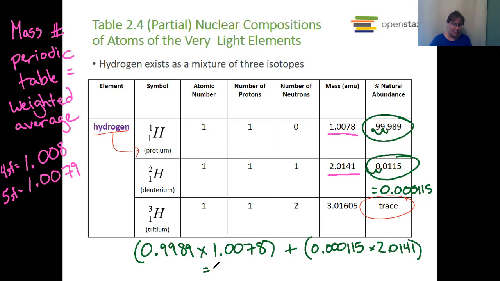Hang on. Okay, this example isn't working. So what that means to me is that there must be an error somewhere on the slide. Oh no, I see it. I see what I did.